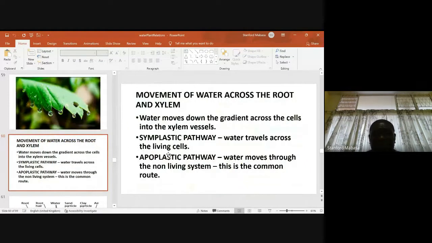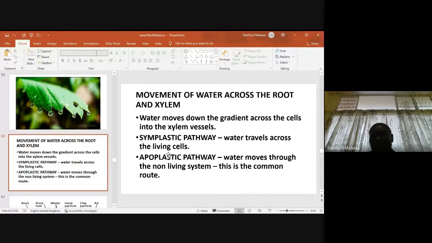So back to transpiration, we want to talk about the movement of water across the root and the xylem vessels, which are found in the stem. Water moves down the gradient across the cells into the xylem vessels.